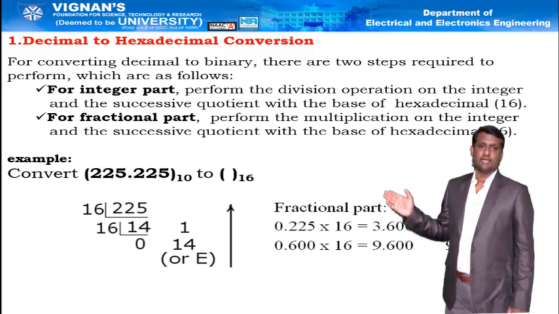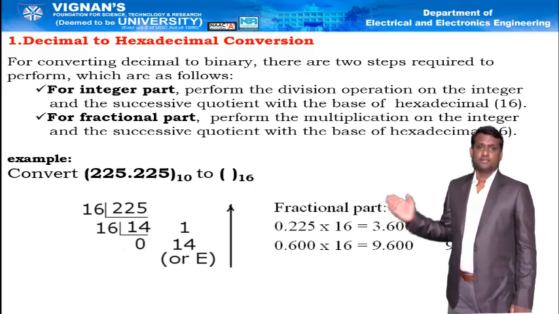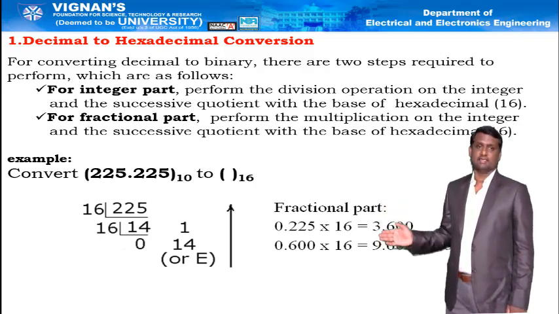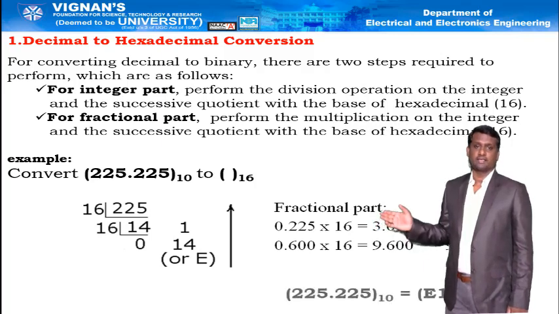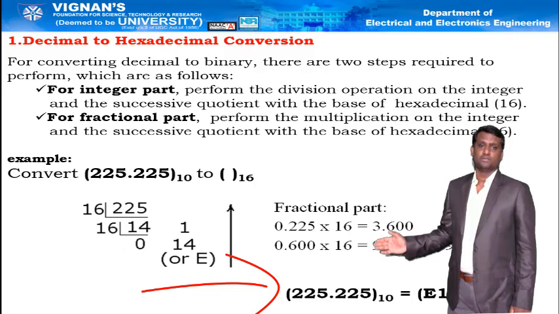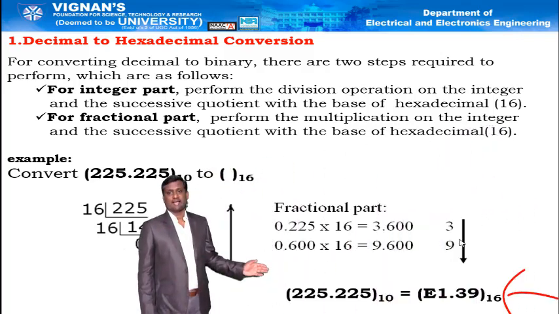So the equivalent hexadecimal number for the fractional part is 39. Overall, for the given decimal number 225.225 base 10, the equivalent hexadecimal number is E1.39.